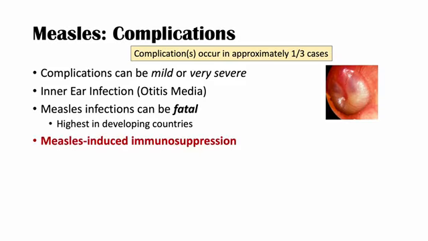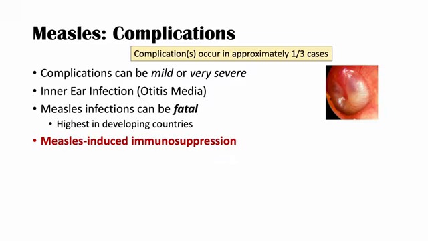One part of this that is tied into the fatality of measles infections is what we call measles-induced immunosuppression. Being infected with measles can cause you to become immunosuppressed. It can dampen and reduce your immune system function. This can increase your risk for becoming infected with secondary infections like bacterial infections and other viral infections.